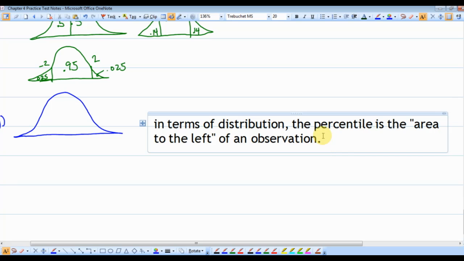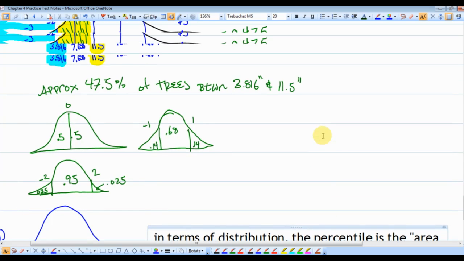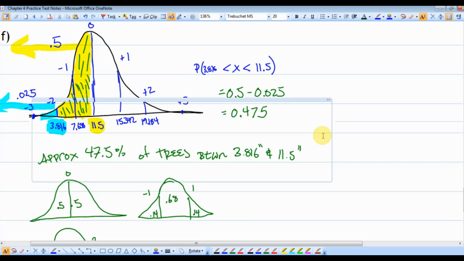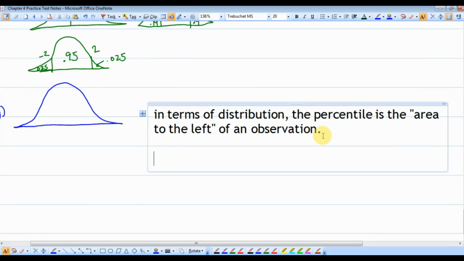Recall for me that 15.342 has a z-score of positive 1.